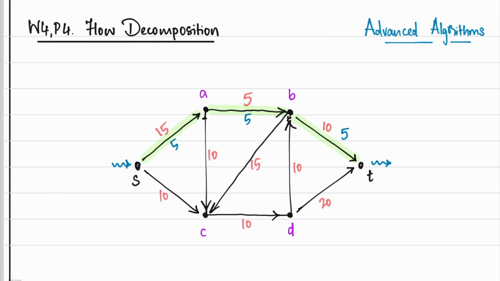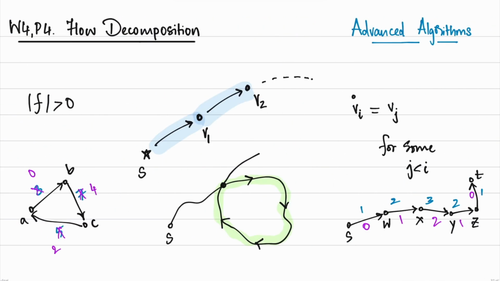In fact, you could even say that each of those paths have a unit flow going through them, because for instance, if this was, instead of 1, 2, 3, 2, 1, let's say this was 10, 20, 30, 20, 10, then the updated flow would have been 0, 10, 20, 10, 0. So what we have shaved off is one path with a flow of 10 units through each edge, but you can think of that as further being decomposed into 10 paths of 1 unit of flow going through each of them, right?